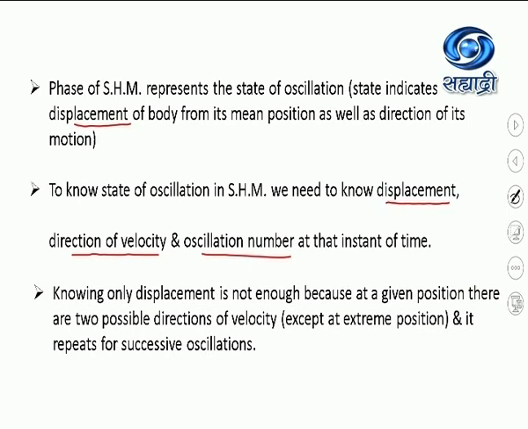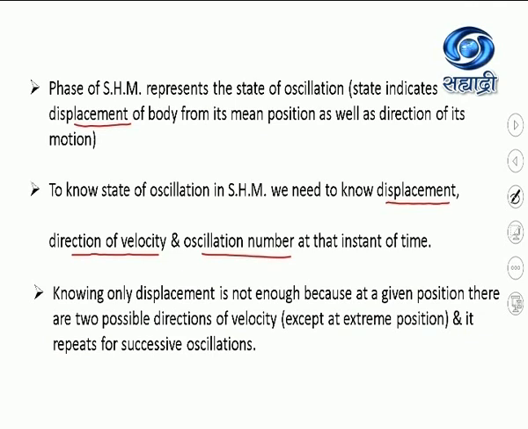Knowing only displacement for a particle is not enough, because at a given position there are two possible directions of the velocity, because velocity is equal to 0 only at the extreme position and it is maximum at the mean position.